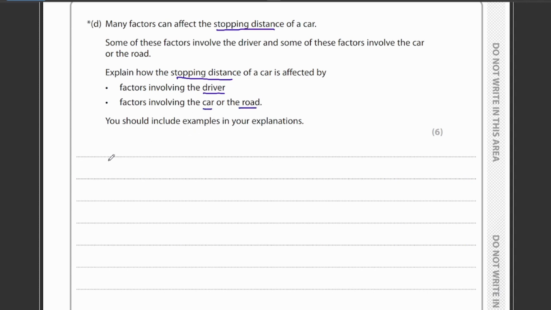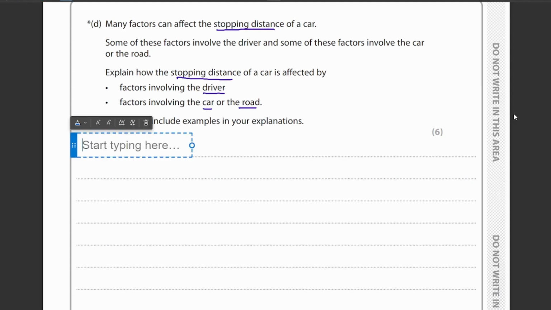So first point you have to remember is that the stopping distance depends on the thinking distance plus the braking distance. Now the thinking distance is to do with the driver. Now the braking distance is to do with the car and the road. Now you have to say what happens to the overall stopping distance as well. So let me write the answer and I'll walk you through how you can answer this question.